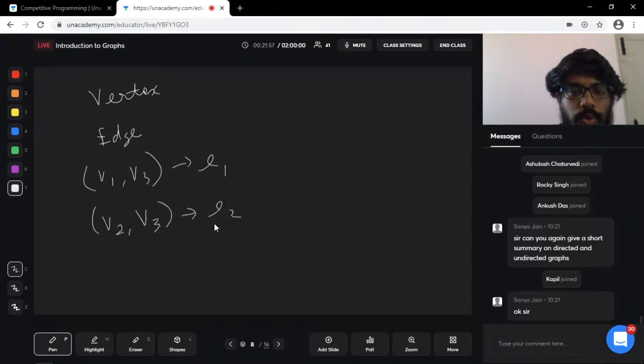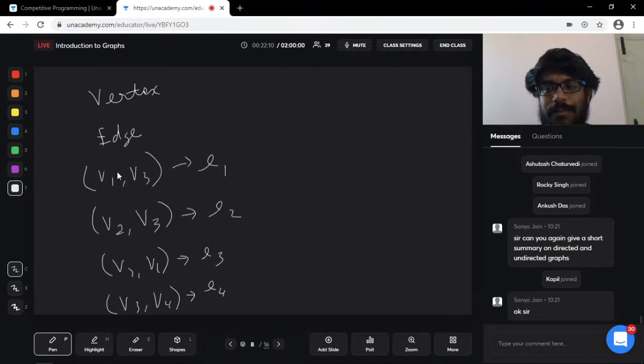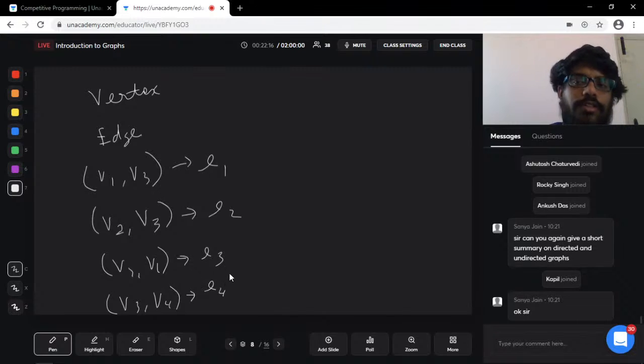This is E2, and V3 to V1 is E3, and V3 to V4 is E4. I'm kind of changing the example, but I'm just saying you can also name these edges and call these the 4 different edges. And why is this useful sometimes?